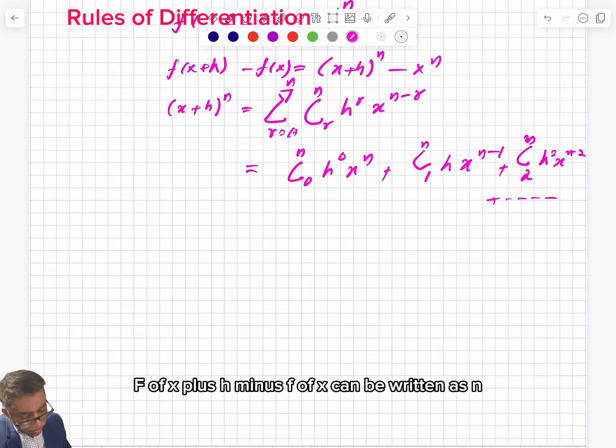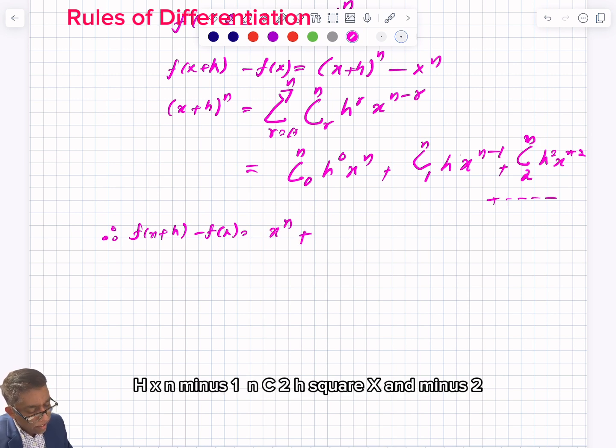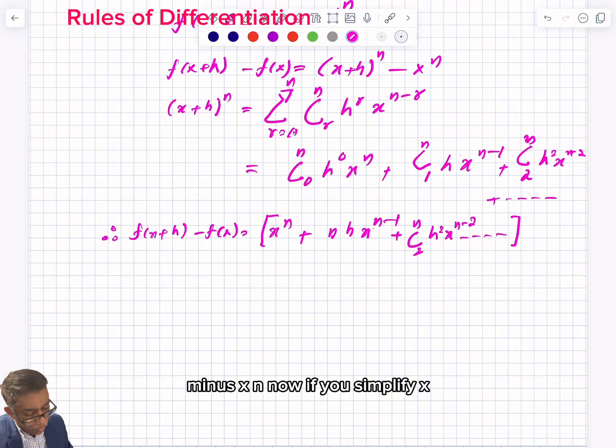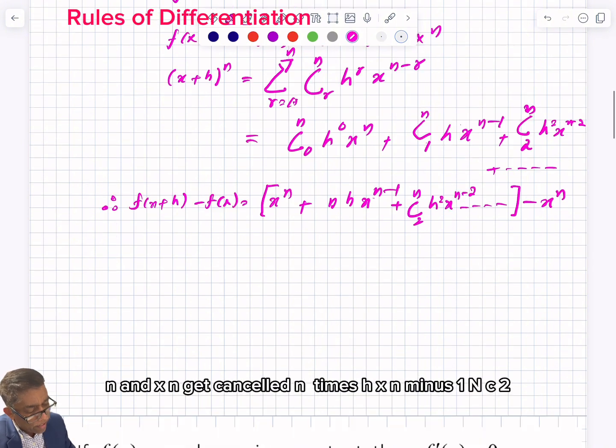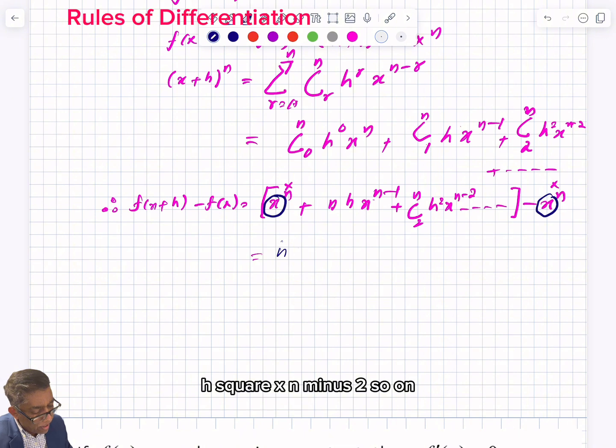Therefore, f(x+h) minus f(x) can be written as nC0, which is 1, x^n, plus nC1, which is n, h x^(n-1), plus nC2 h^2 x^(n-2), and so on, minus x^n. Now if we simplify, x^n and x^n get cancelled, leaving n times h x^(n-1) plus nC2 h^2 x^(n-2), and so on.